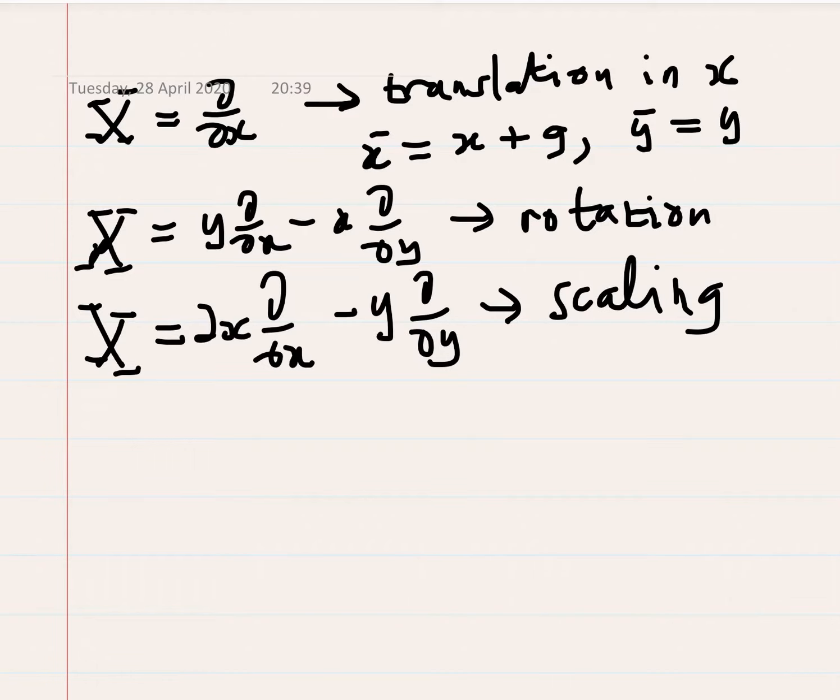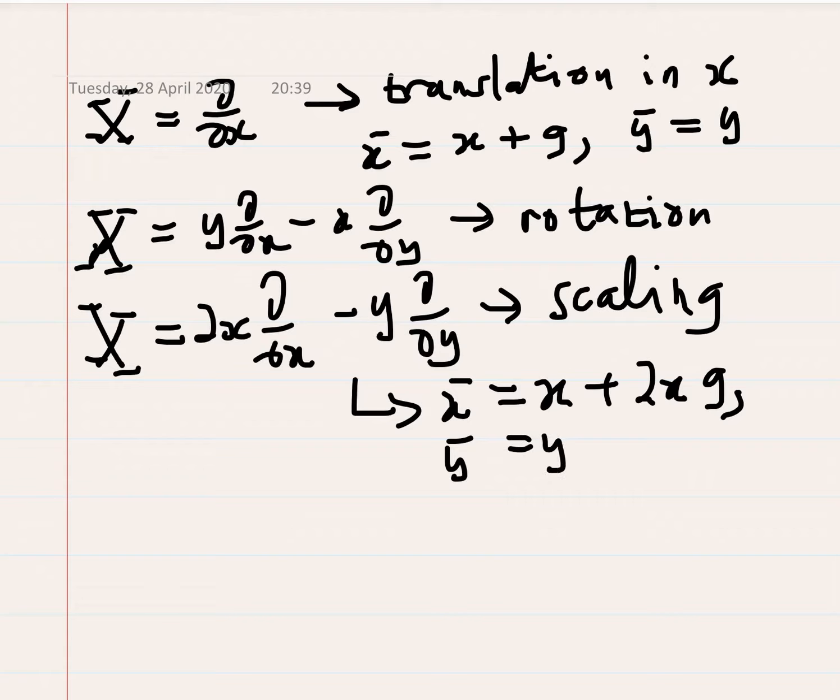Just to put this one in the context of the one parameter Lie group of transformations, x bar here will be x plus g times 2x. This is your xi times your parameter. The y bar would be equal to y plus g times minus y.